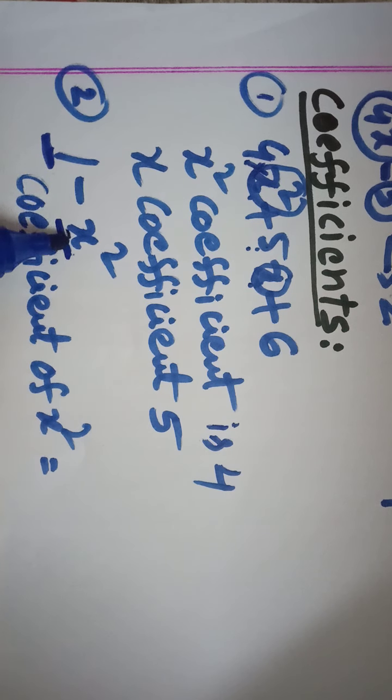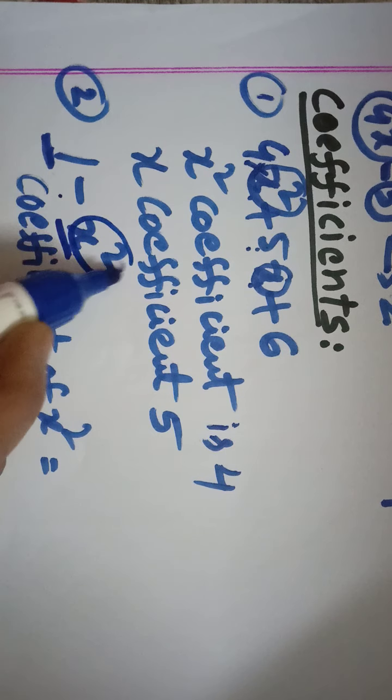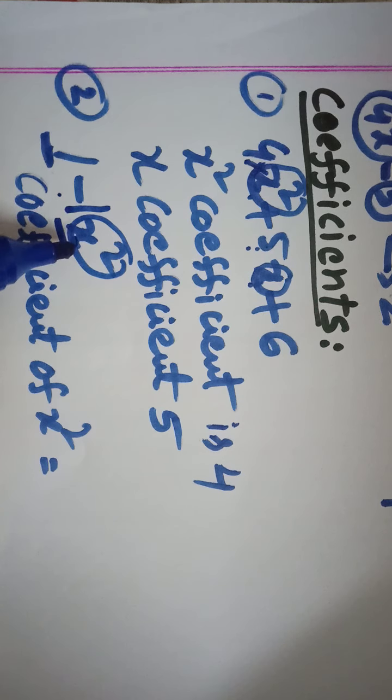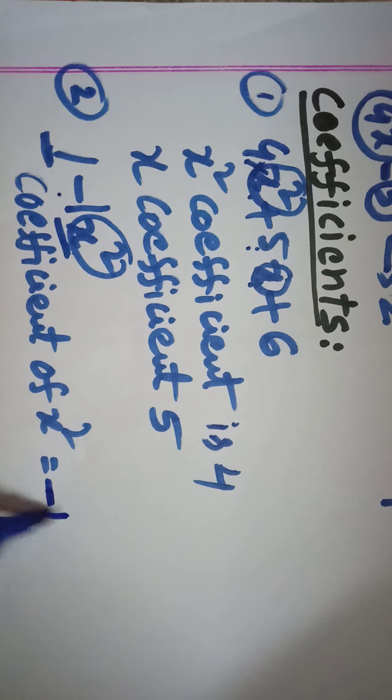What is the second term's symbol? Minus here. For x square, where there is no number, it is always 1. So 1 into x square is nothing but x square. In this term x square is multiplied with minus 1. So here the x square coefficient is minus 1.